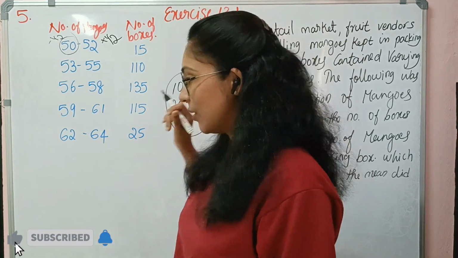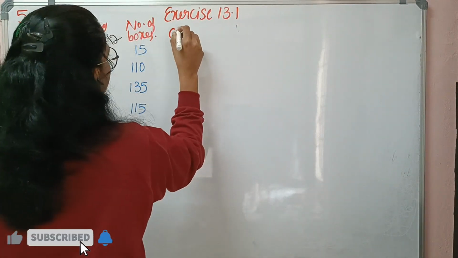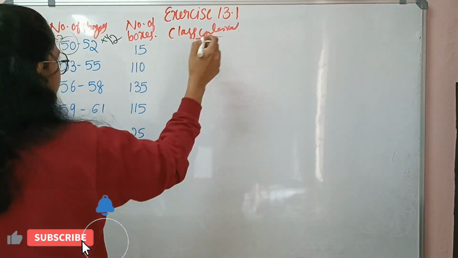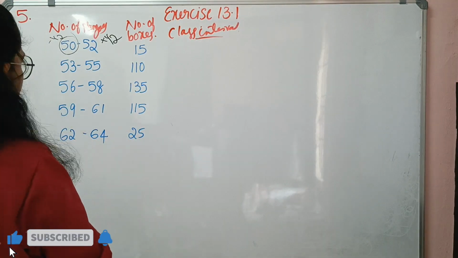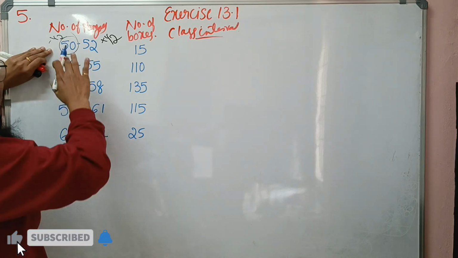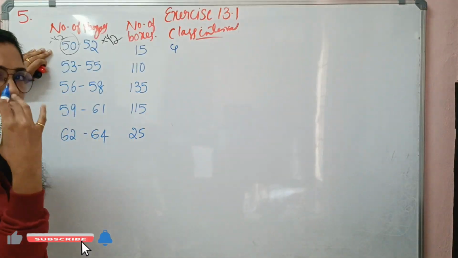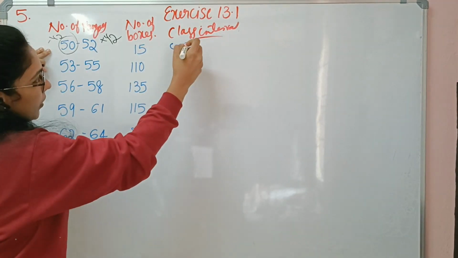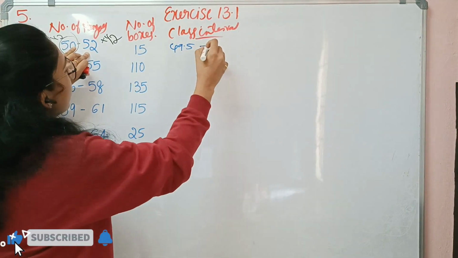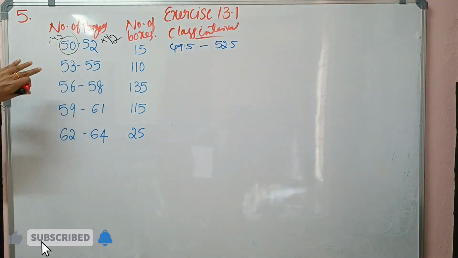So the new class interval is like this. If we subtract half, that is 0.5, from 50, it becomes 49.5, and adding 0.5 to 52 gives 52.5.